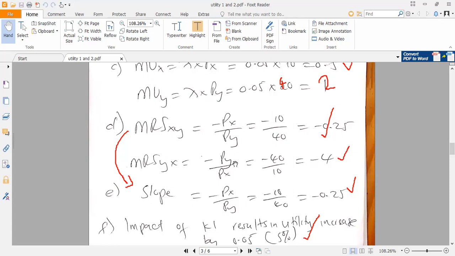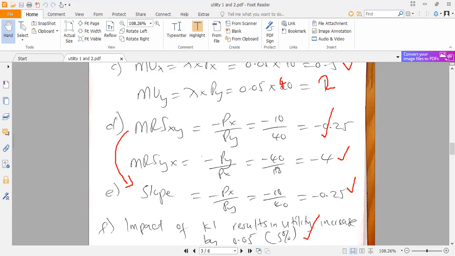So negative price of Y over price of X, which is negative 40 over 10, which is negative 4. The negative comes in because you're exchanging one good for the other. How many units of X are substituted for Y? Y is costing 40 kwacha, X is costing 10 kwacha. So how many units will be substituted for Y for X? It will be 4 units.